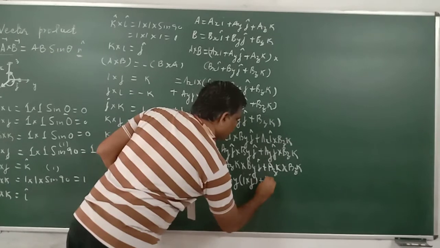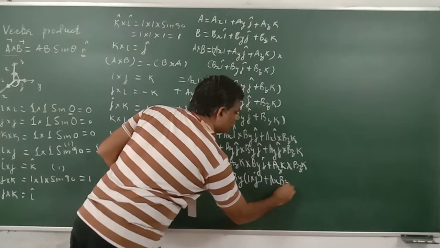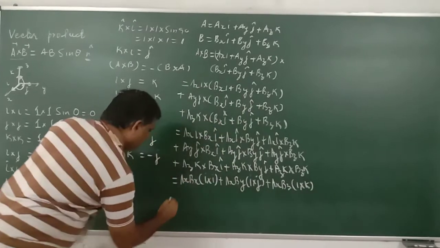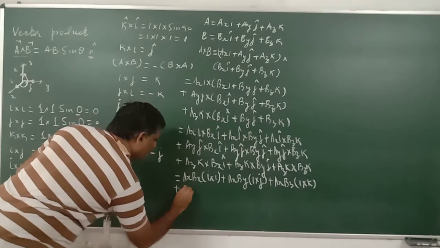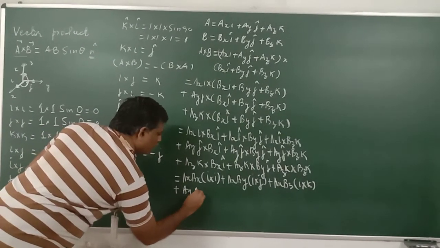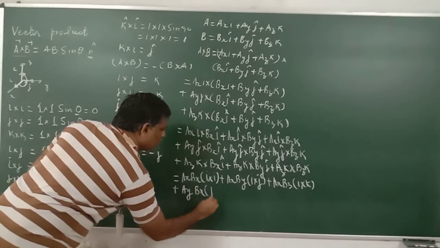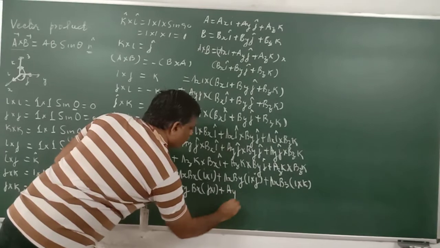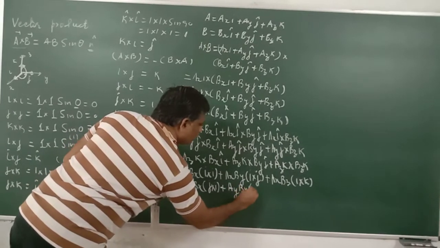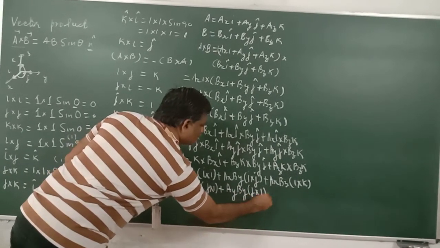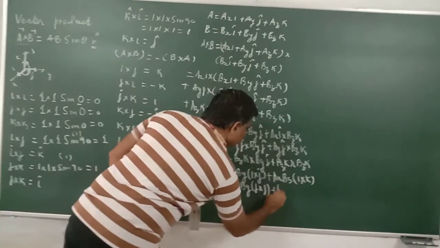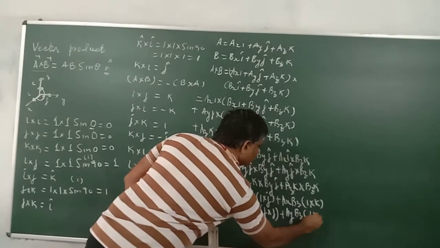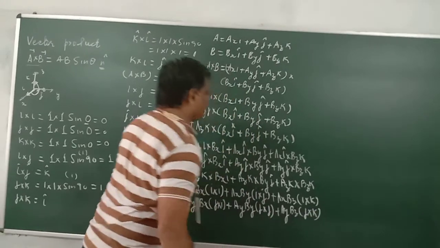Similarly, AX BZ times i cross k, plus AY BX times j cross i, AY BY times j cross j, plus AY BZ times j cross k.